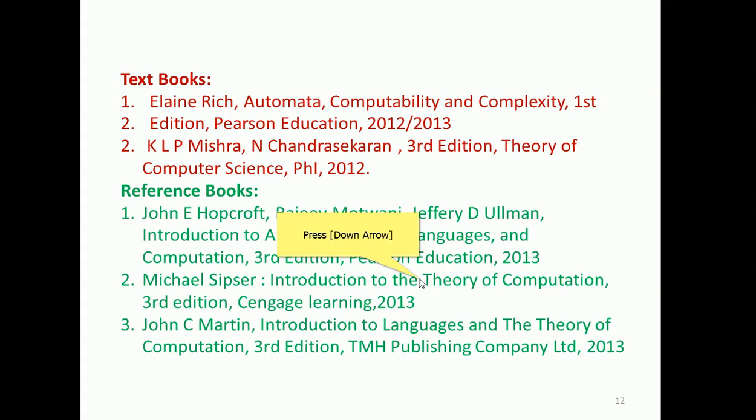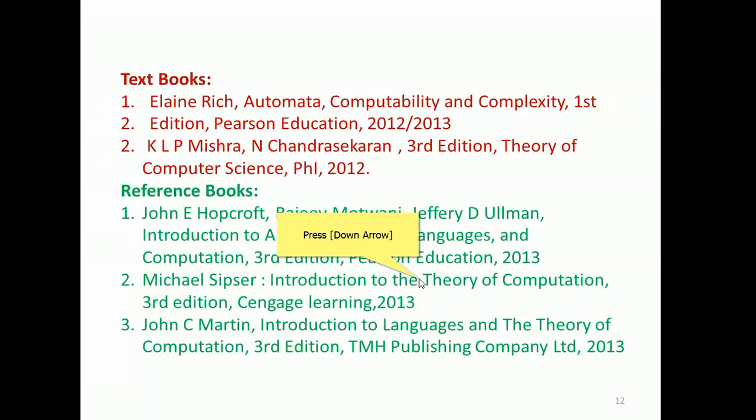From this we have discussed the concepts of decidable and undecidable languages. Problems that are solvable are decidable, and problems that are not solvable are undecidable. We have discussed these concepts from the Turing machine model.